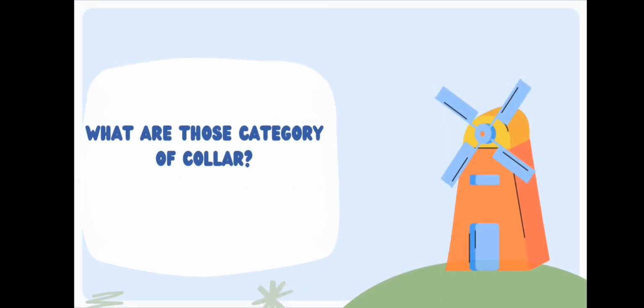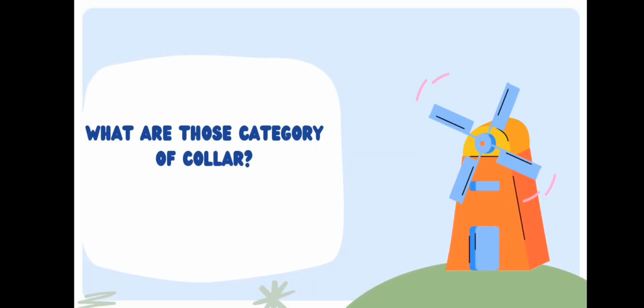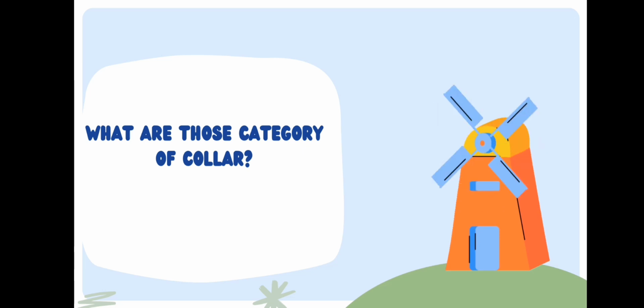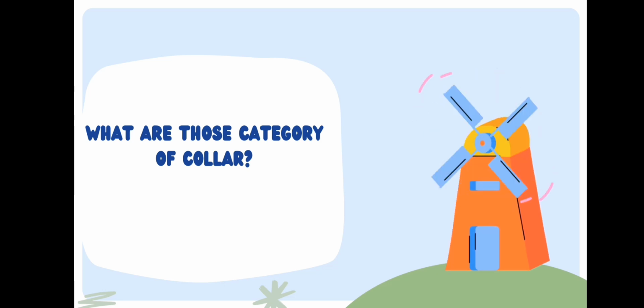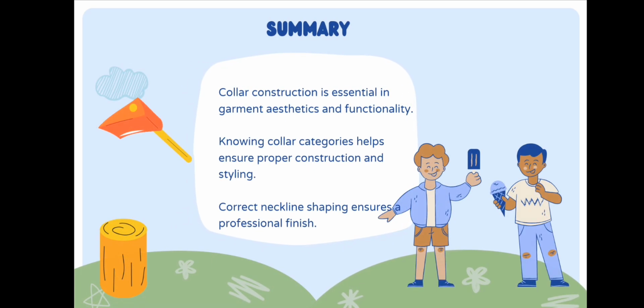Okay, everyone, can you recall those categories, or what are those categories of collar? First, we have flat collar, standing collar, and roll collar. Very good, everyone. So for the conclusion of our topic, collar construction is essential in garment aesthetics and functionality.